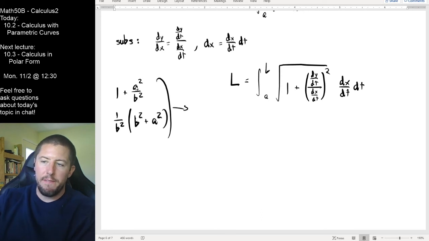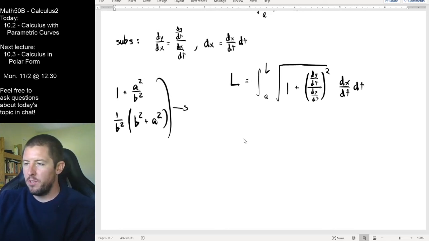So I'm looking at factoring out a quantity of 1 over the denominator of the second term. But importantly, we're also underneath the square root right here. So what this is going to look like is this. I'm going to factor out from this thing a 1 over (dx/dt) squared.